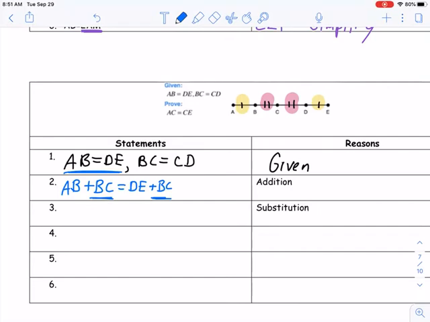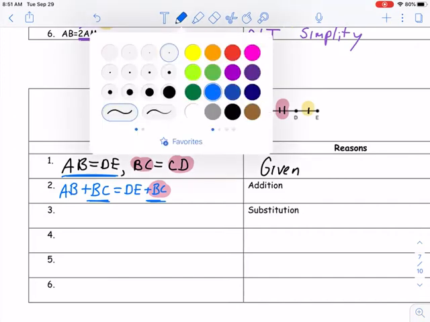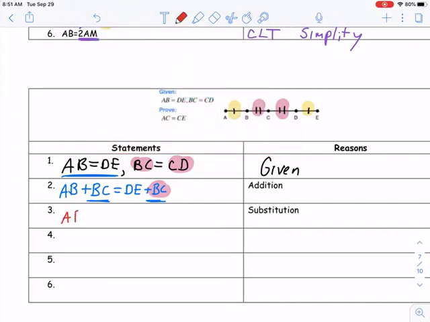Now, as I realize stuff, I'm just going to take this BC right here equals CD. I'm going to substitute the CD in right there, because it's telling me I have to substitute something. That's all I did was substitution.